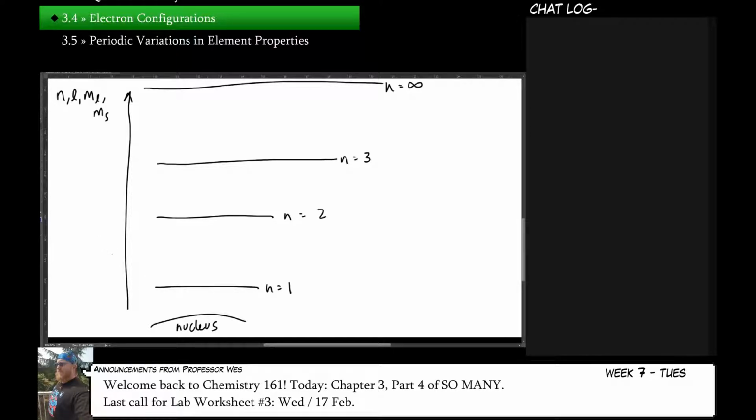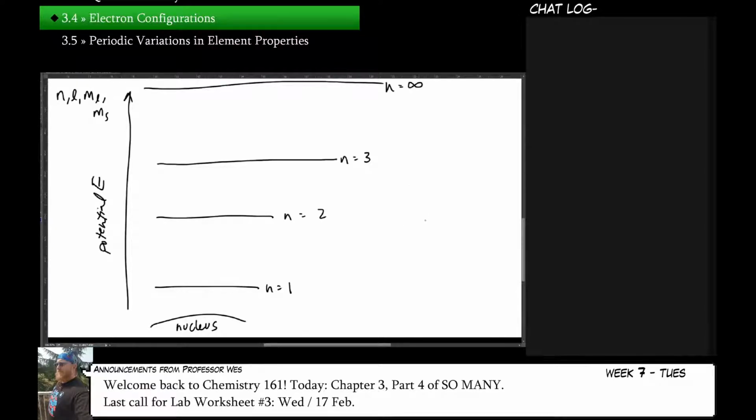The y-axis here, again, is potential energy, and there really isn't an x-axis to this. We're just going to arbitrarily place things on here in order of energy. Our ordering of energy is going to be based off of the principal quantum number n, and then we need to subdivide it for l, m sub l, and m sub s.